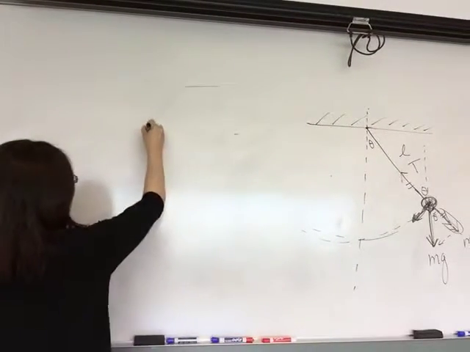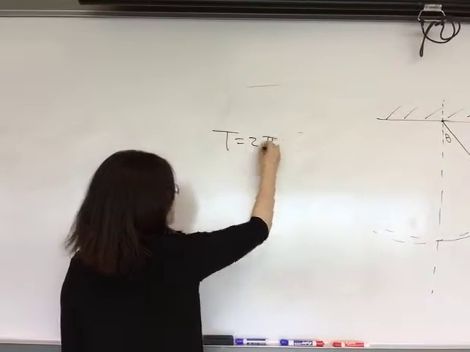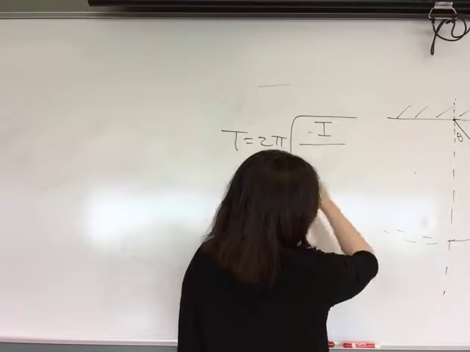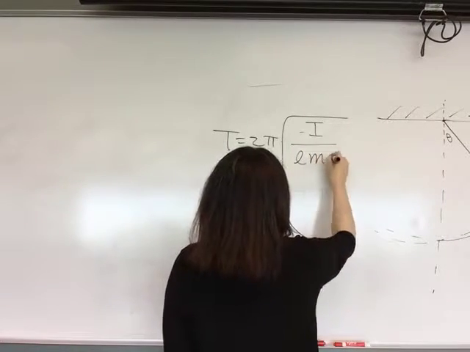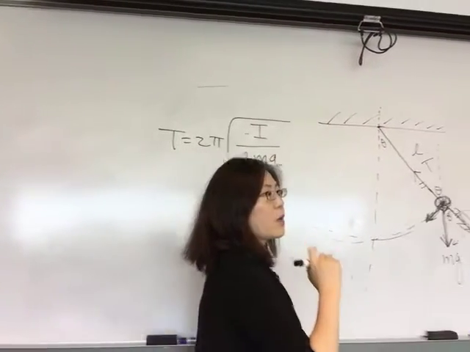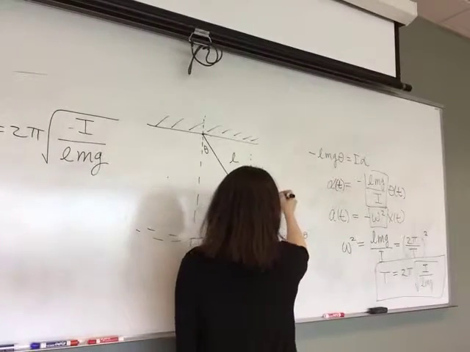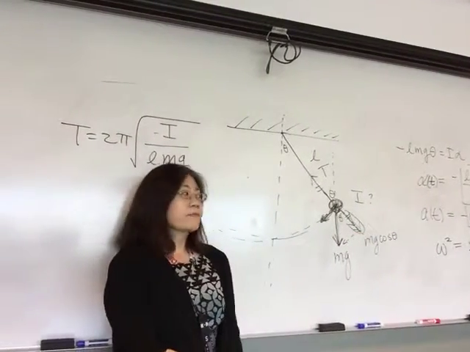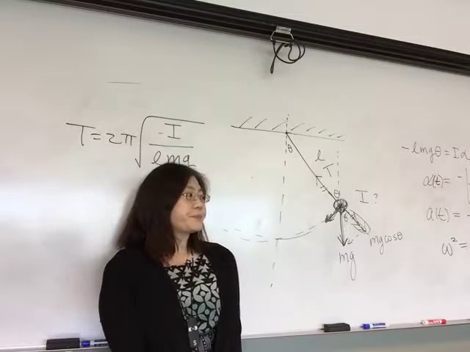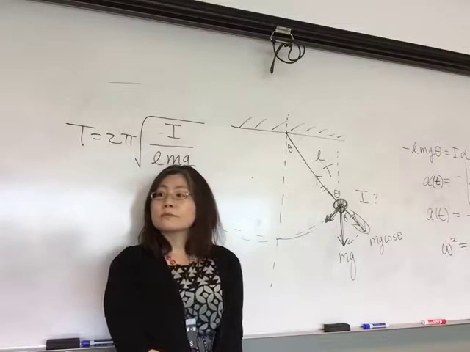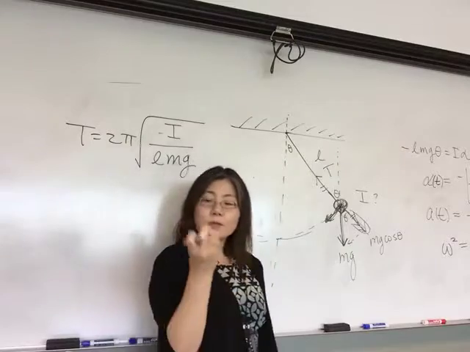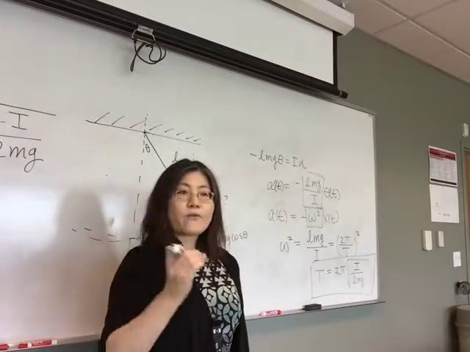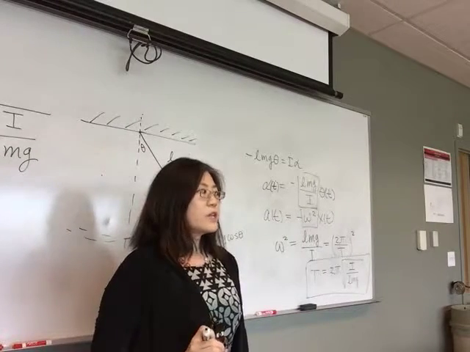You have your T, equal to 2 pi times the square root of rotational inertia over L and then mg. My question to you is, what is my I here? When you have an object that's L distance away from the rotation axis, what is the rotational inertia?